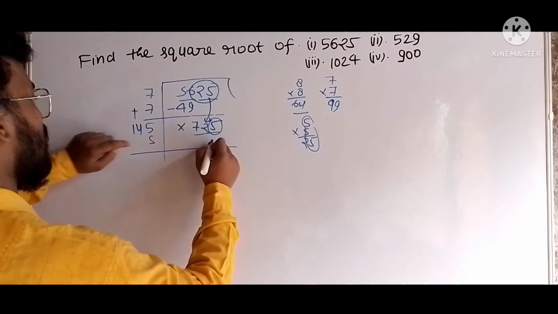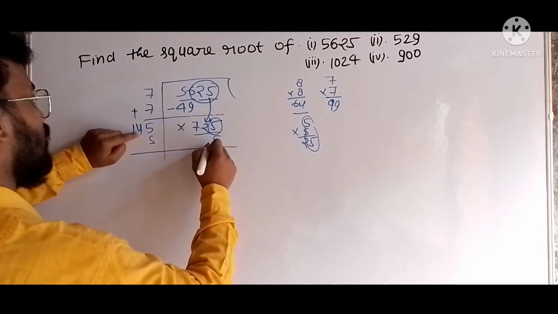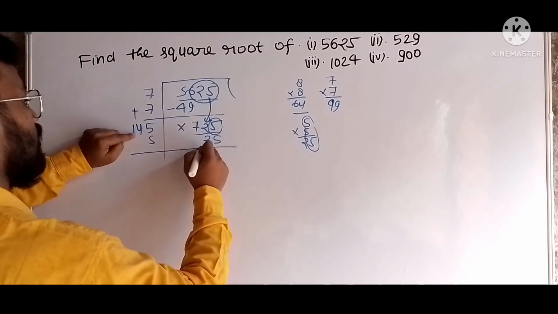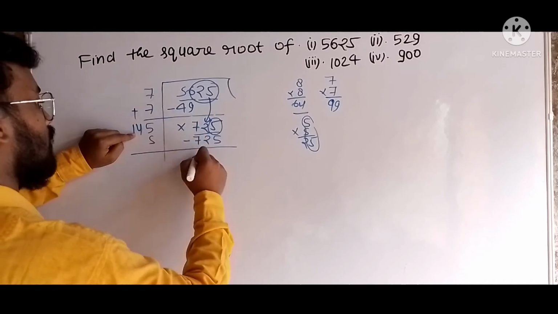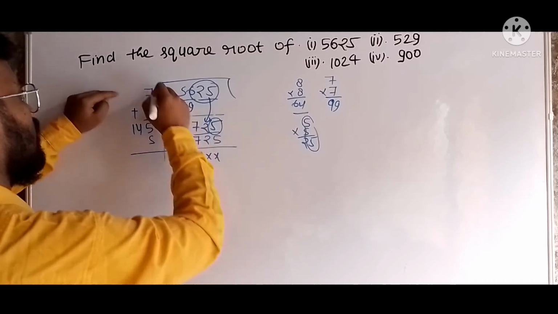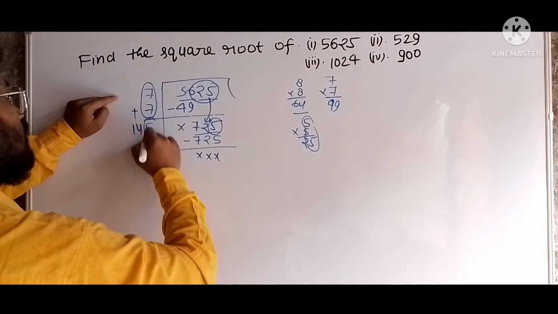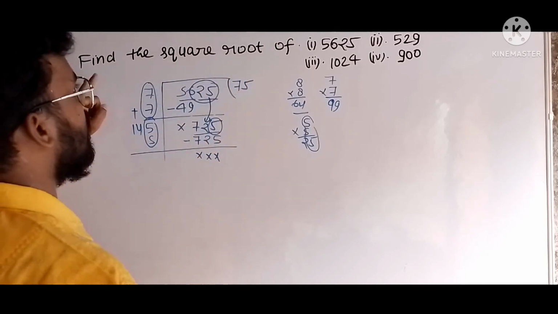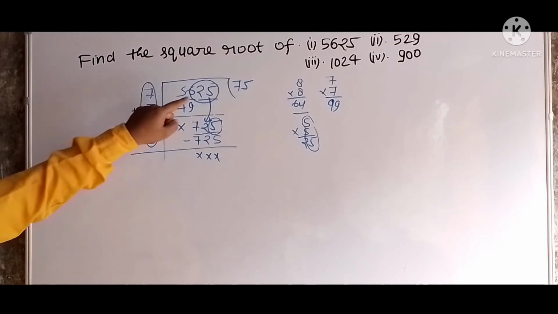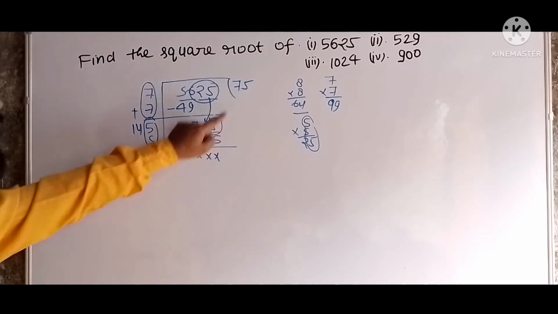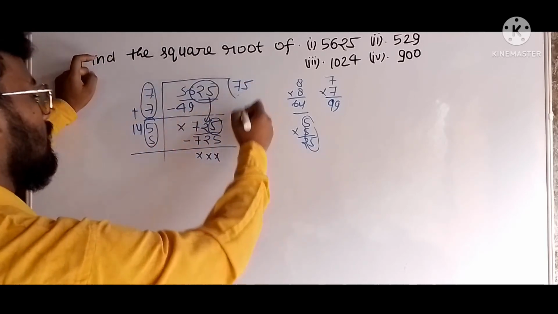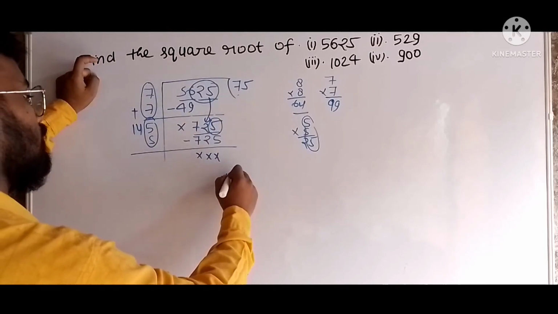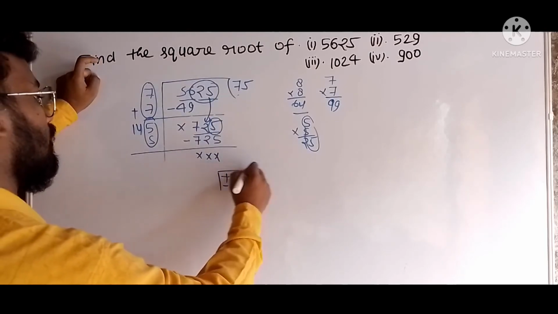Now multiply it: 5 times 5 is 25, 5 times 4 is 20, 22, 5 times 1 is 5, to 7. Now subtract it. From here take 75. You see that in the previous slide we also got the square root of this number as 75, but it is not 75 in correct form, it will be plus minus 75.